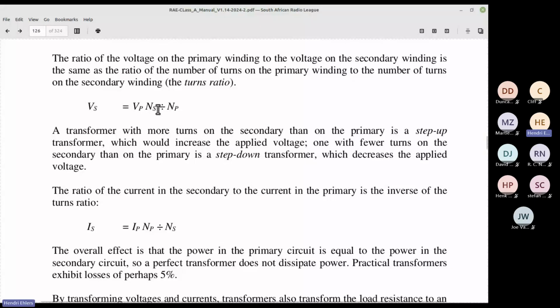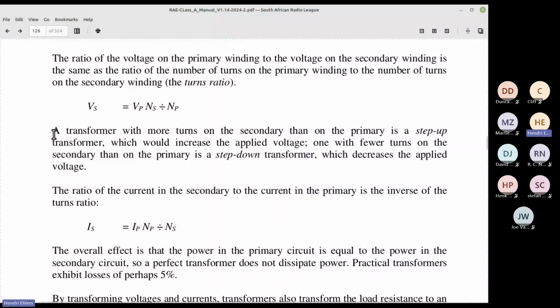And then they've got that formula there, and your N is your turns ratio. Secondary, primary, but when they write the ratio, the primary is always first. So if you put it the wrong way around into the formula, the secondary one is first and the primary is second. But when it's written, the primary one is first.